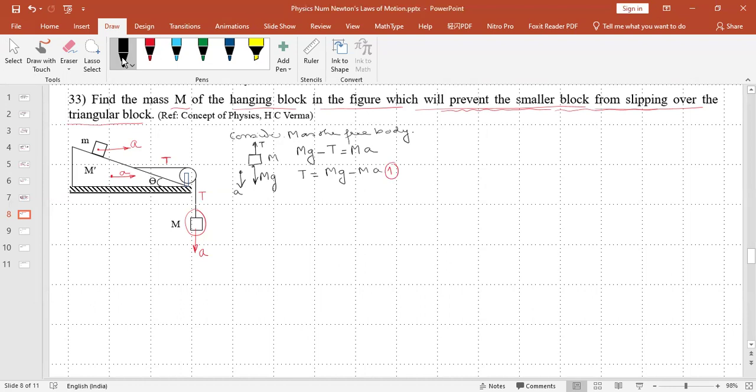Then we consider the triangular block M dash. Let us describe the forces on this triangular block. I will draw it a little bigger so the understanding is clear.